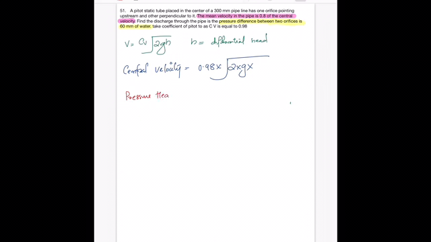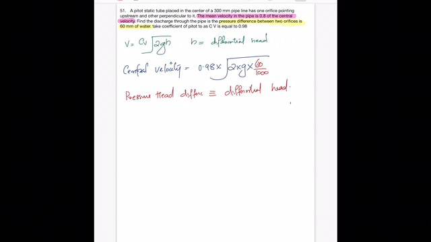Pressure head difference is equivalent to differential head. These are all the same things expressed in different terminologies. So h will be equal to 60 by 1000 since it is in millimeters.